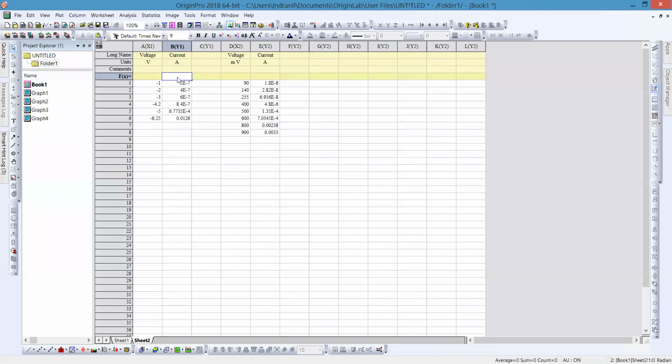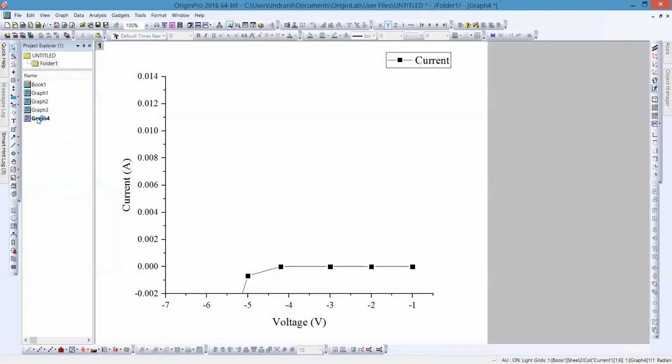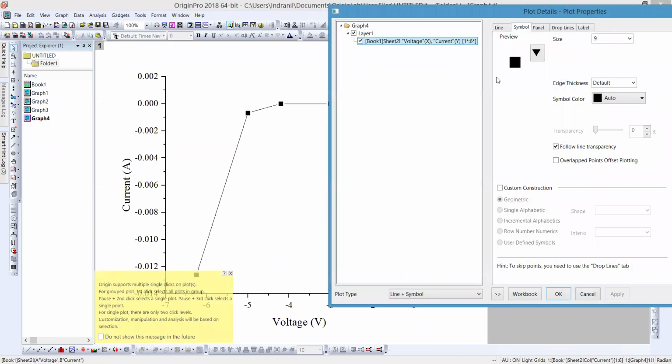Okay, and this one will be minus current. Yeah, that is for silicon. It is 0.7 volt, right? Yes. So this is another beautiful nature of the graph.